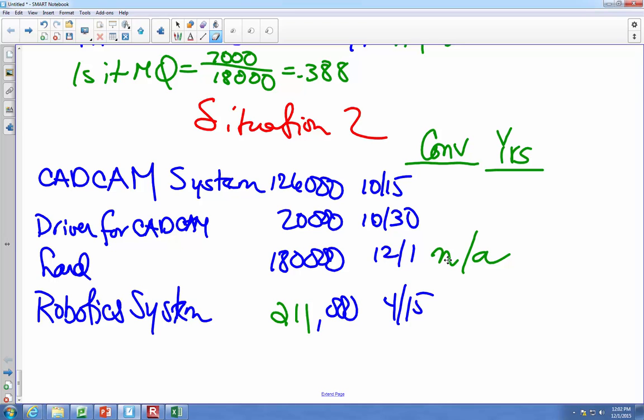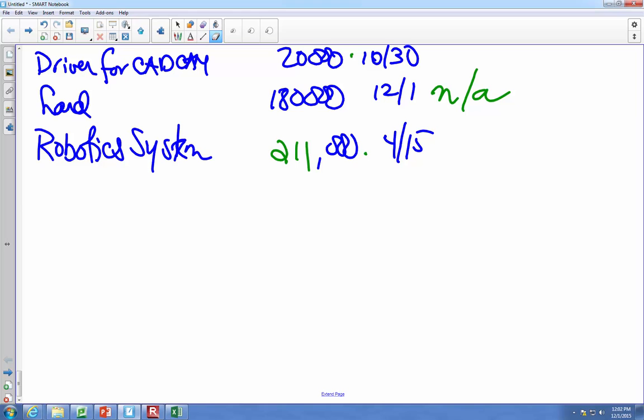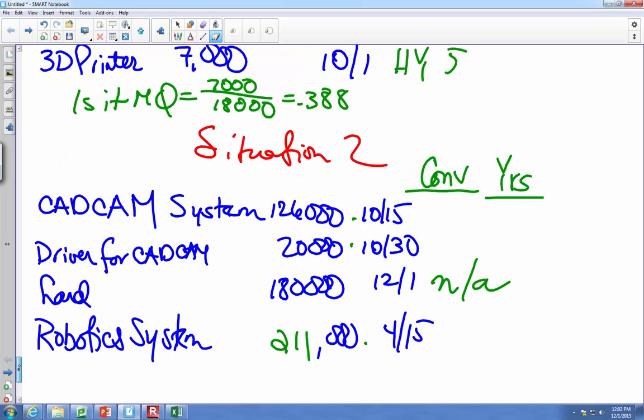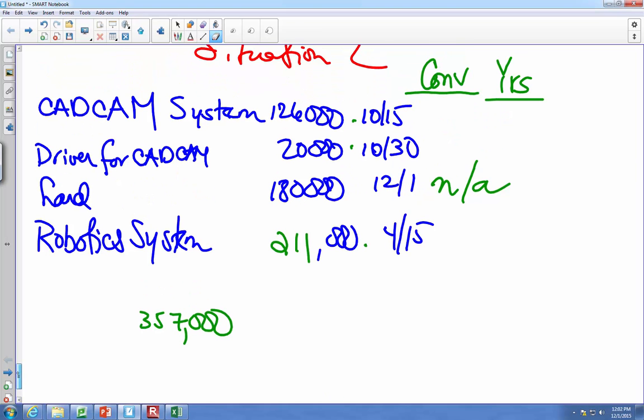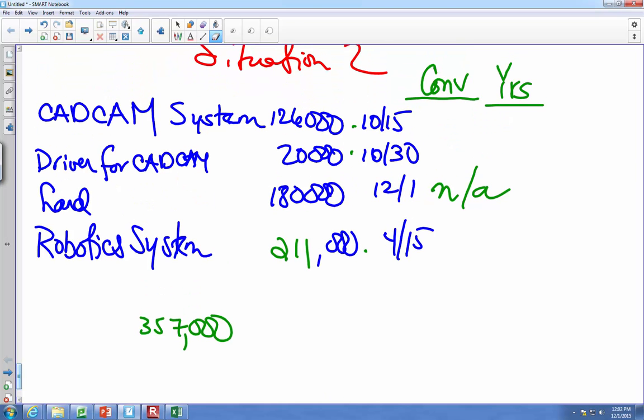So I bought, what, $357,000 worth of personal property? Right, so I add this plus this plus this. How much of that property did I purchase in the last quarter of the year? These two, right?